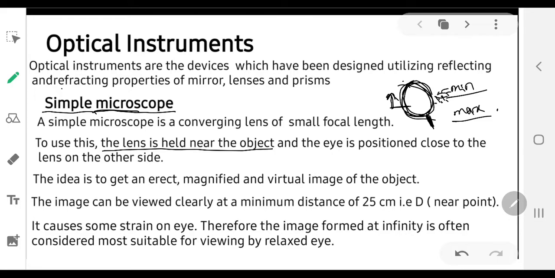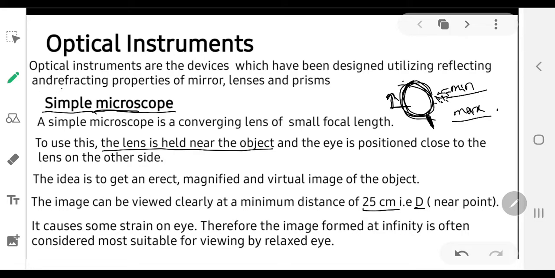It is nothing but the least distance of distinct vision, denoted by capital D. What does it mean? Capital D is the minimum distance from the eye at which the eye can see a clear image. For a normal adult, it is about 25 centimeters.